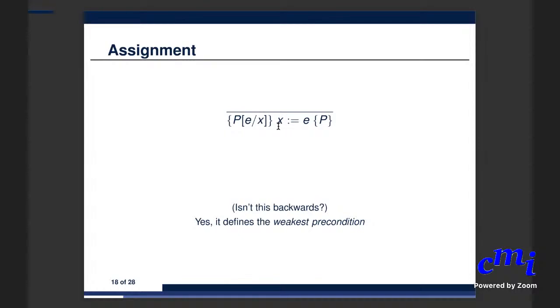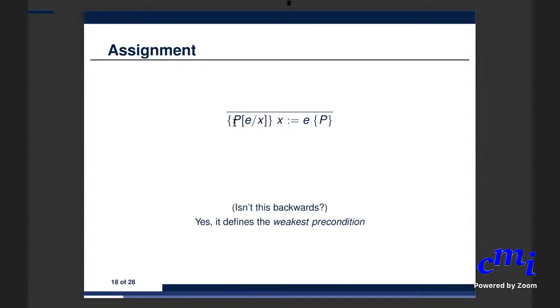Since I know that this assignment statement will assign the value of this expression to X, if X has to satisfy P, then it better be the case that P is true for the value that the expression evaluates to in the pre-state. That's how this is defined.